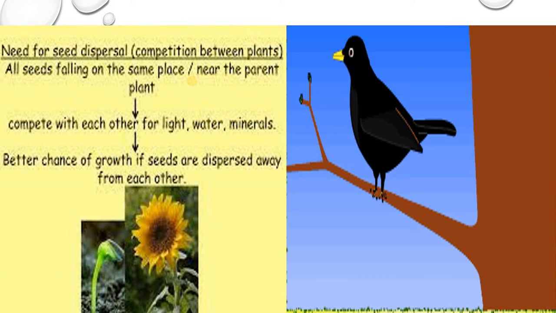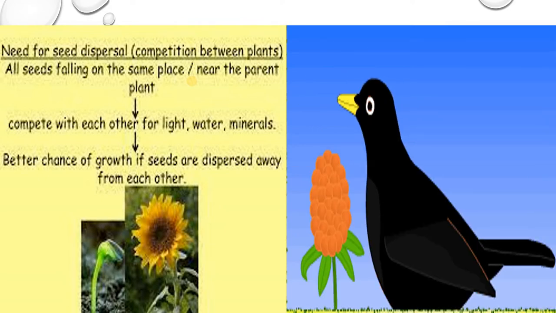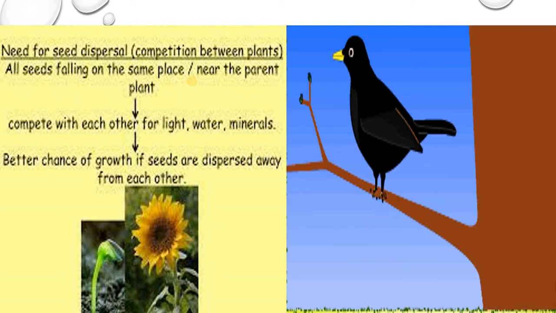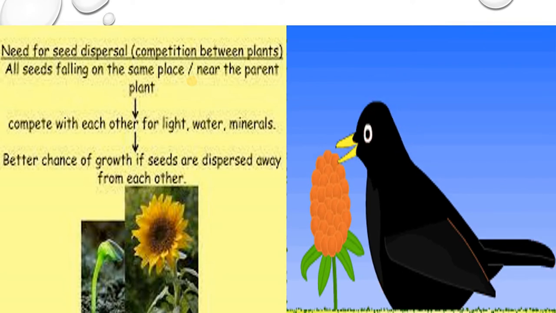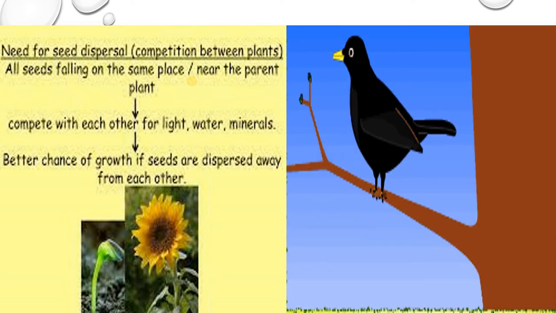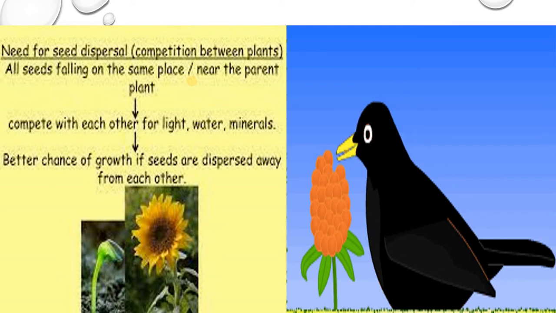Now, a plant produces many seeds. For example, a guava fruit produces many seeds. If all the seeds produced by a plant fall directly underneath the plant and germinate and grow there, then what will happen? A large number of new plants will grow up close together within a small area of the soil.